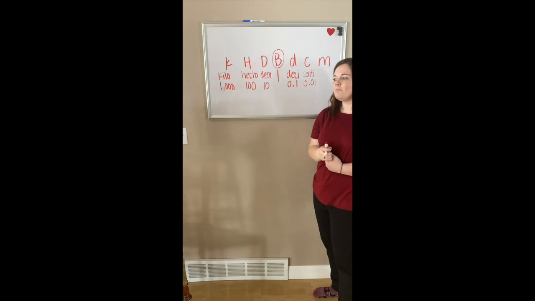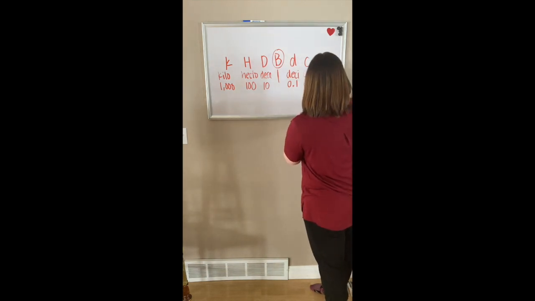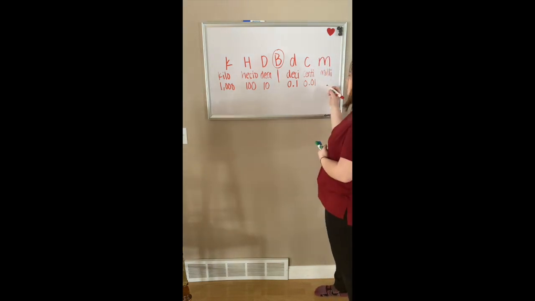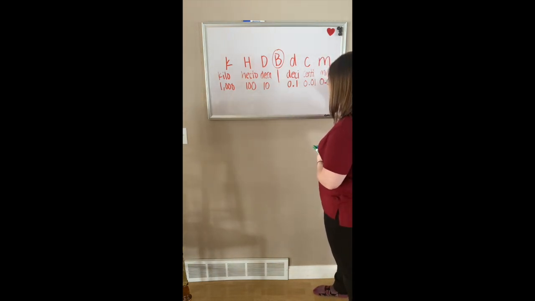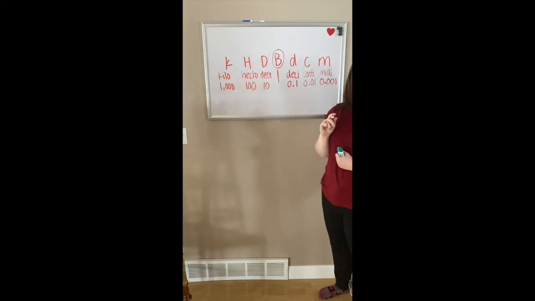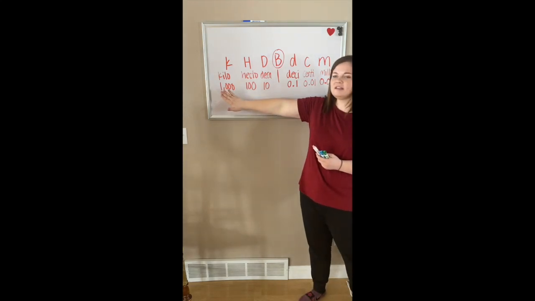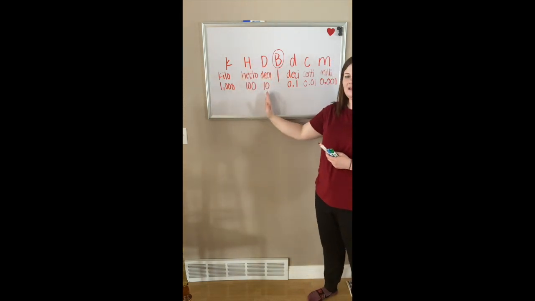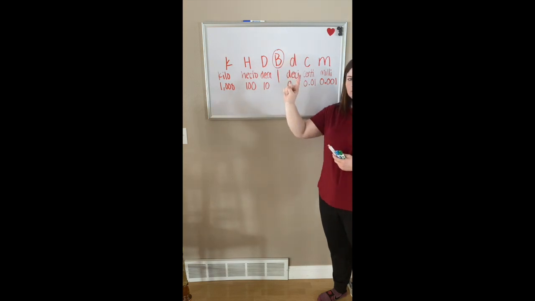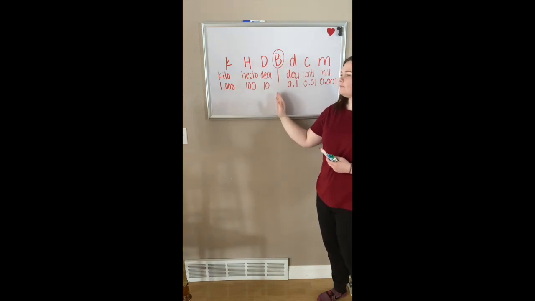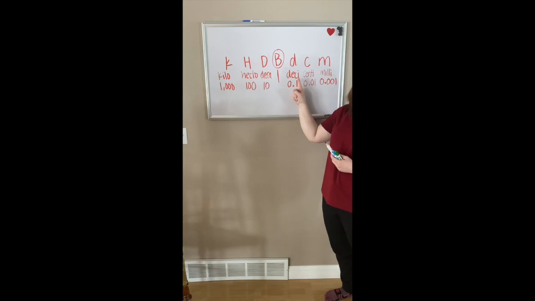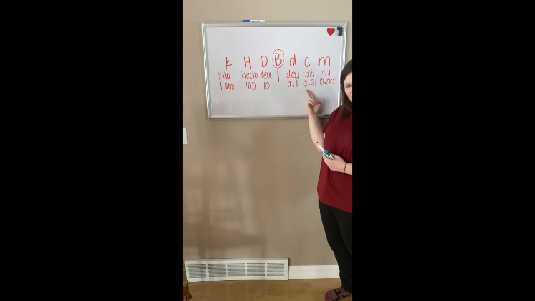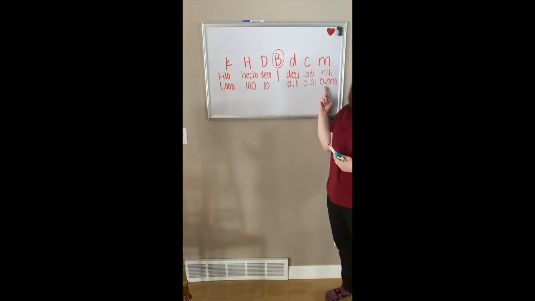M stands for milli, and it means thousandth. So all in base 10, kilo means 1,000, hecto means 100, deca means 10, our base is just 1, or our unit. Deci means a tenth, centi stands for 100th, and milli stands for 1,000th.